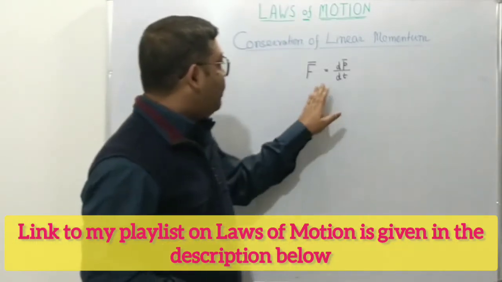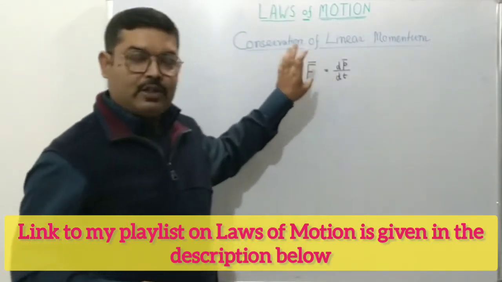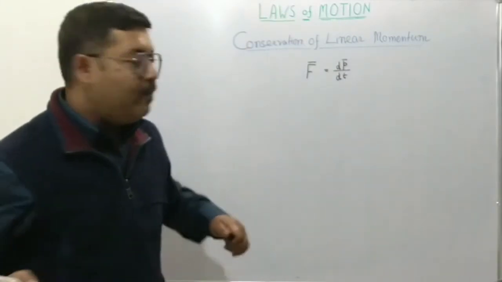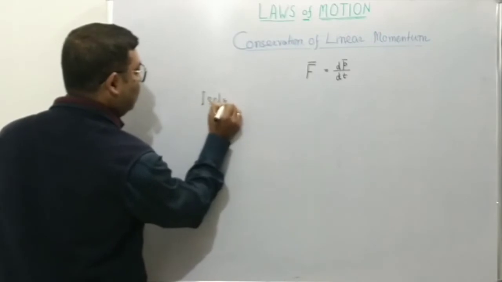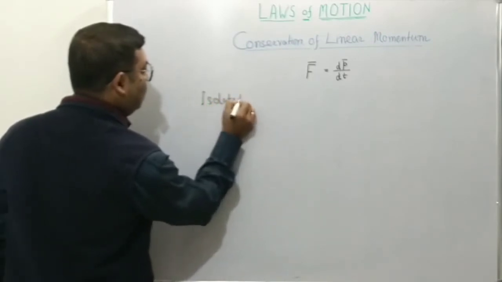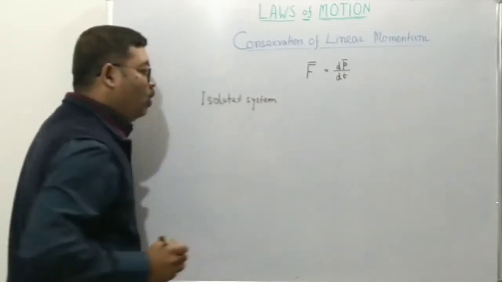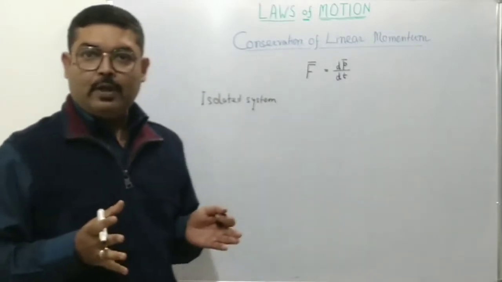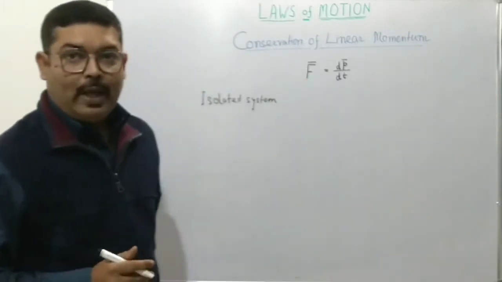Now, if we say F equals dp by dt, what we mean is that the applied unbalanced external force is equal to the rate of change of momentum. If we have an isolated system, what it means is that there is no interaction with the outside world or the universe, which means that there is no external force.